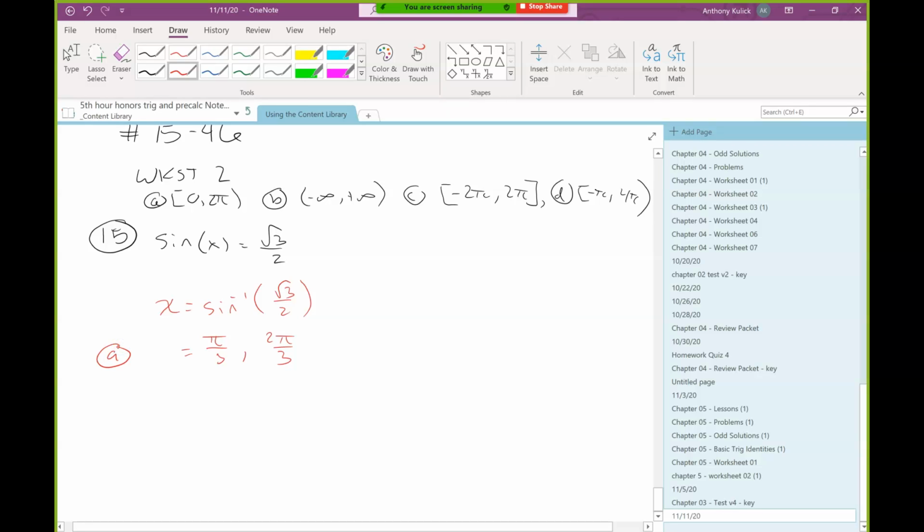There's my answer for part A, just like we did in all the examples, right? To get the answer for part B, all I'm going to do is add 2 pi k to each of them. Everybody okay there?